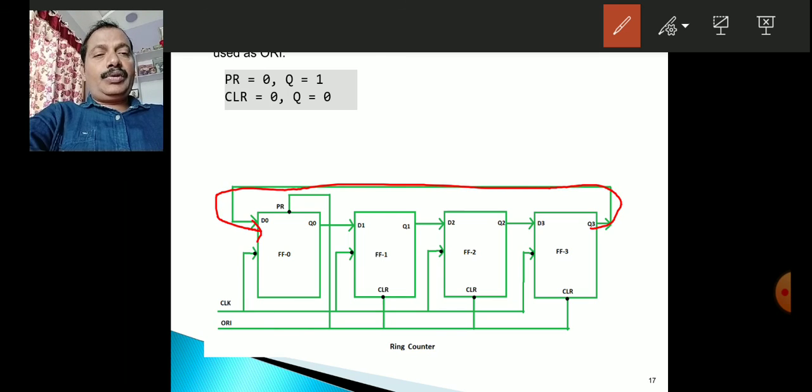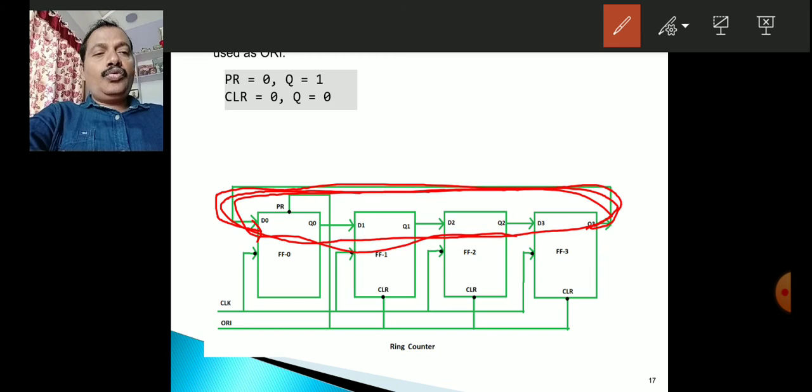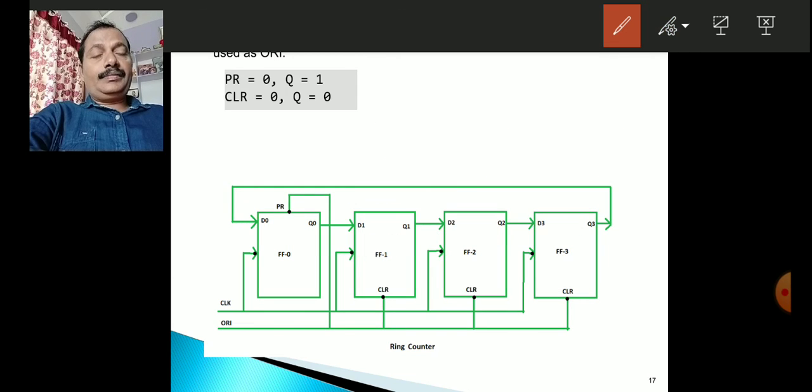That is the only change. You make it ring like this. That means the bit that is set will ring through like this. For each clock, it will move in this manner. Hence it is called a ring counter.